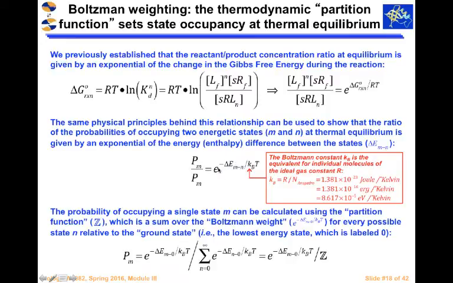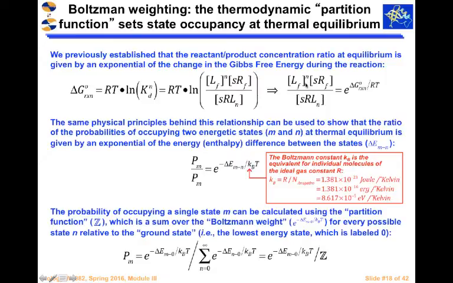And so what it's going to say is the relative population at equilibrium of particles in state M compared to particles in state N is going to be e to the negative energy difference between those states divided by kBT. kB is something called the Boltzmann constant. T is once again absolute temperature. I think the easiest way to explain this, and all that we have time for now, is to point out that this looks exactly mathematically like what we got earlier on for the concentration ratio at equilibrium, right?